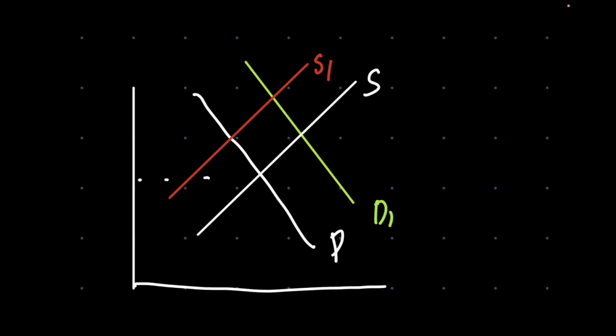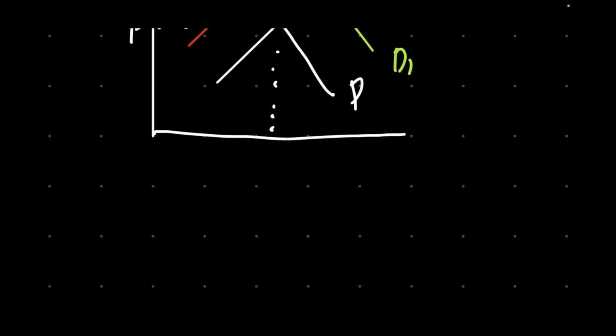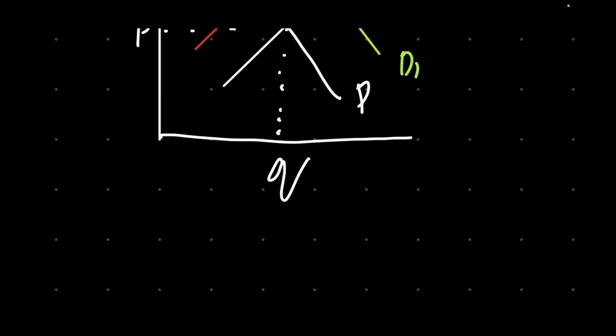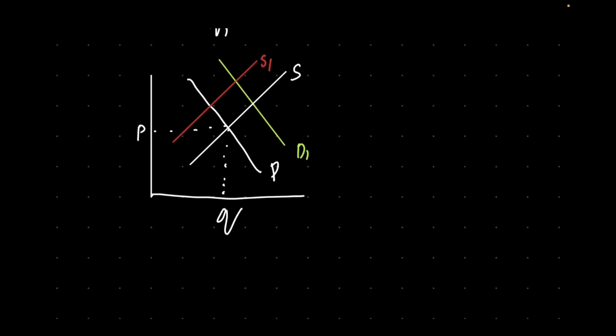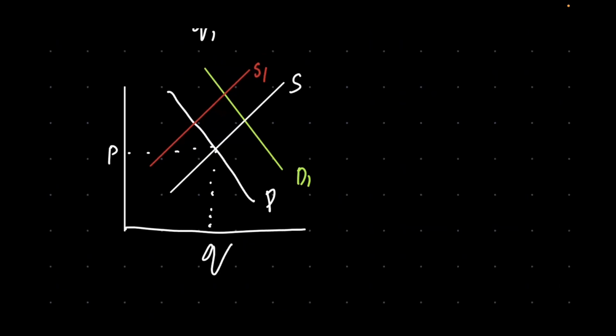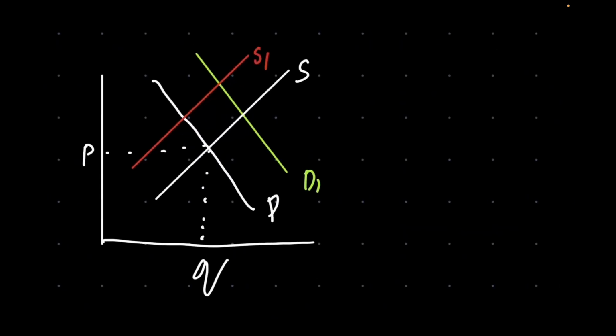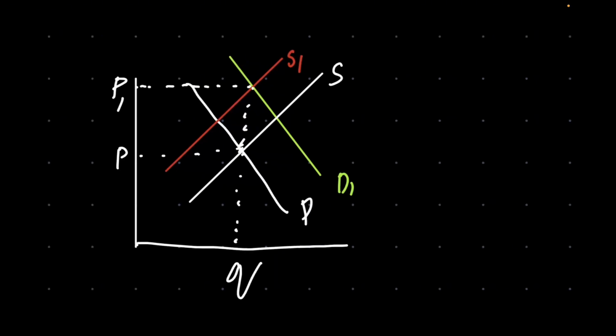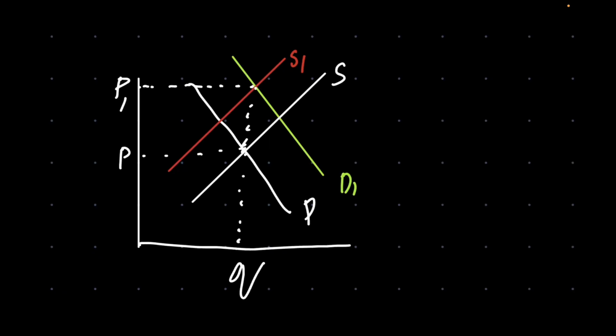So at first you have the equilibrium of P here and equilibrium Q here. So essentially you have the diagram like that. Now after the shifts, if you can see, they are intersecting at P1 and somewhat the same Q. So at first the equilibrium point is here and now it's here.